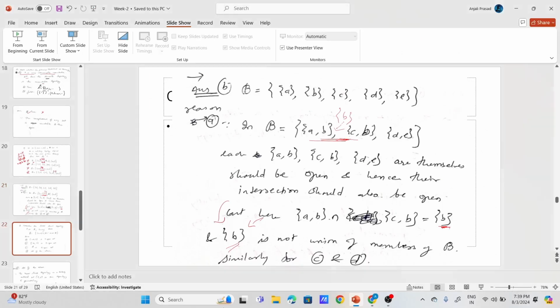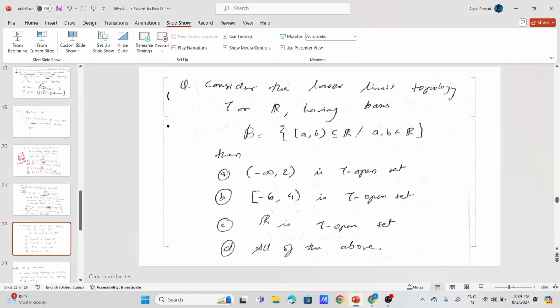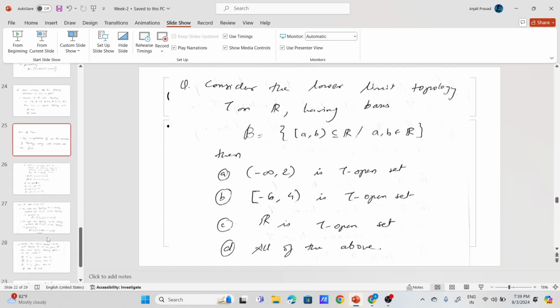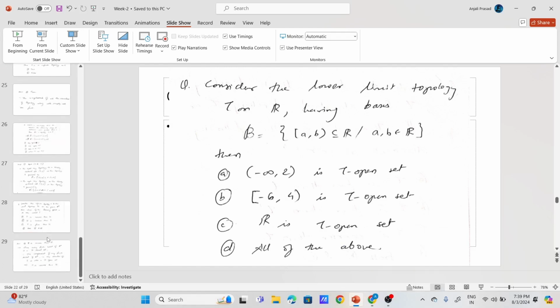Everyone, please answer it. I hope after so much discussion of lower limit topology, you may be clear with this answer. It is a quick answer. Okay, we have some more questions further.